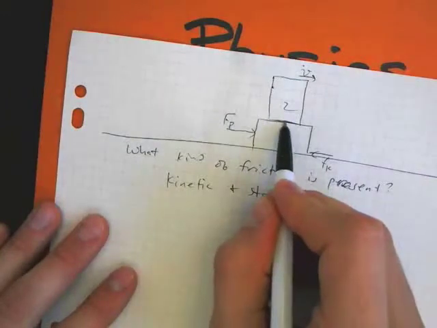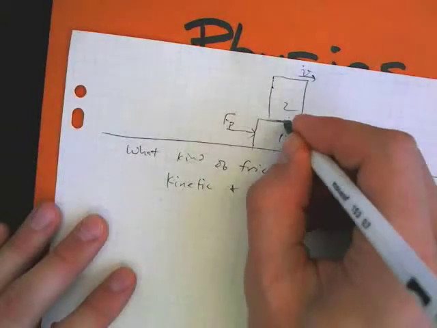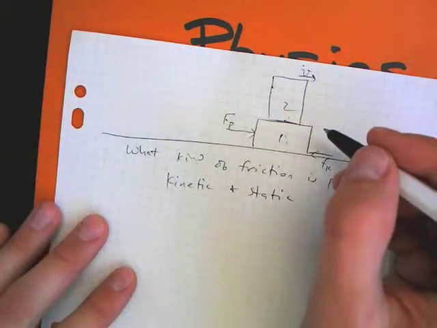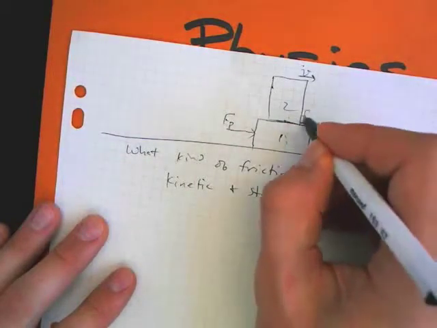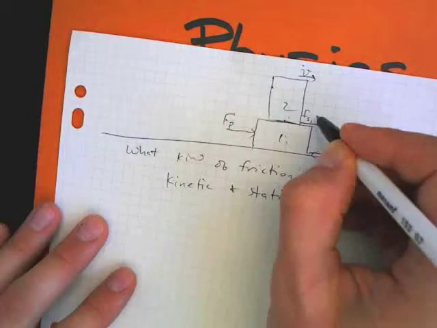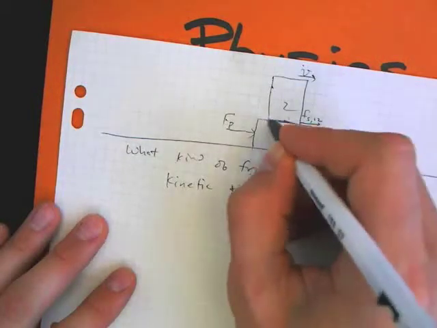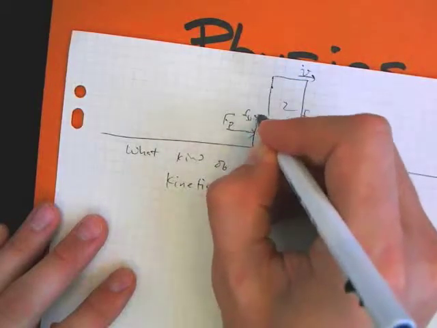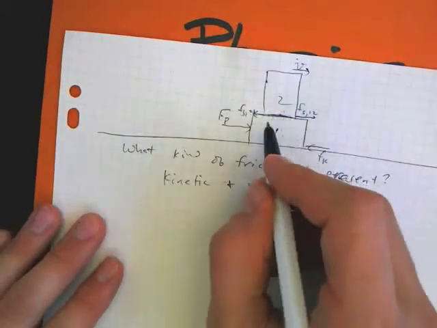They're not moving relative to each other. So at this interchange, there is a static frictional force. This is the static frictional force of block 1 on block 2 pointing that way, and then block 2 exerts a static frictional force on block 1 going the other direction. But there is static frictional force at this interchange where an object is not moving.